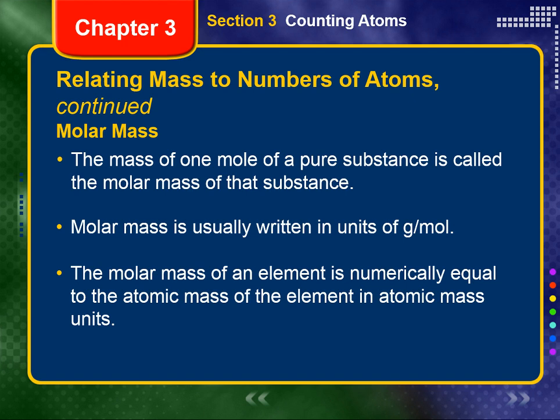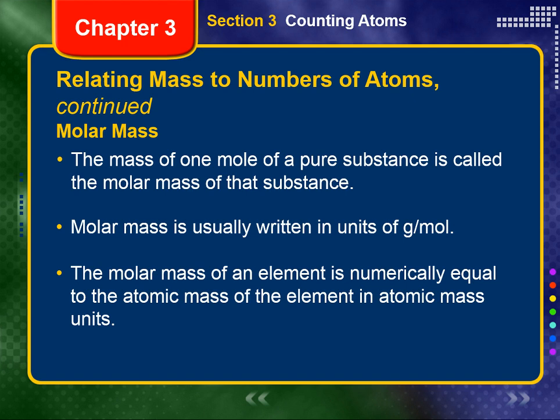The mass of 1 mole of a pure substance is called the molar mass of that substance. Molar mass is usually written in the units grams per mole. The molar mass of an element is numerically equal to the atomic mass of that element in atomic mass units, which can be found on the periodic table.